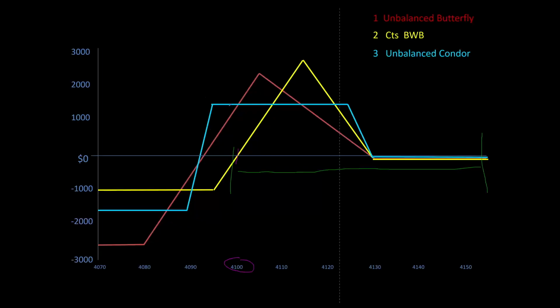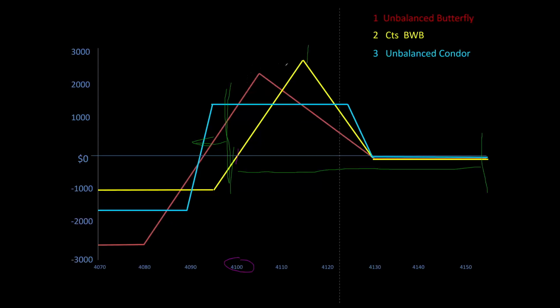And the next day, there's still a day to go until expiration. The next day, the market is right here. Do we have a lot of room to the downside for the next day, where we won't lose money? We've got no room on the BWB.